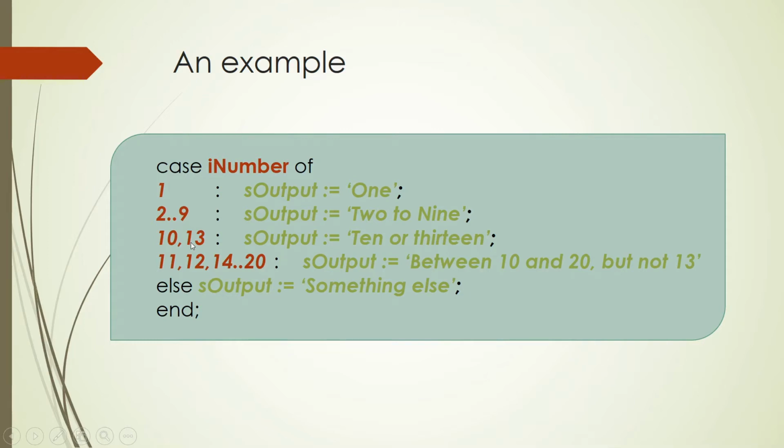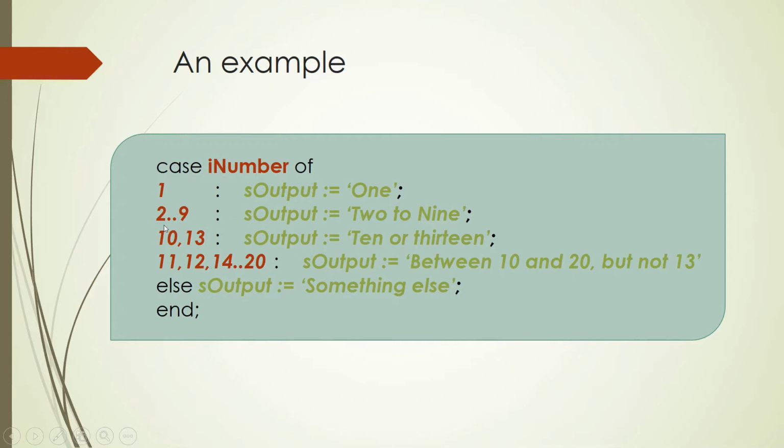So it either can be a value 1, a value 2, a value 3, or a value 4. In this example, this particular case can either be the value 10 or the value 13. So it's either 10 or 13.